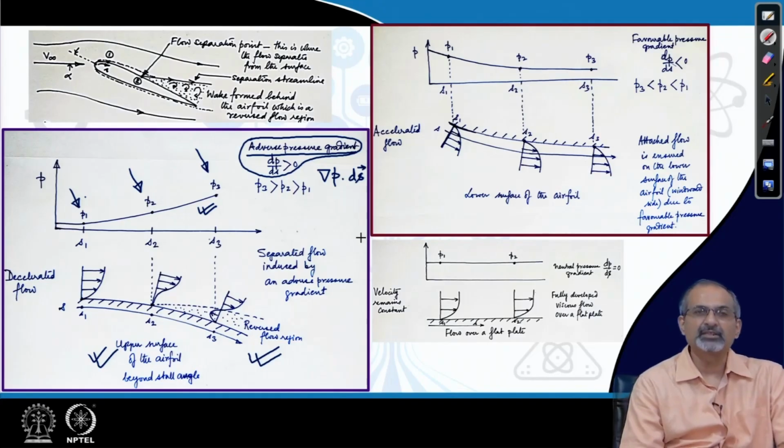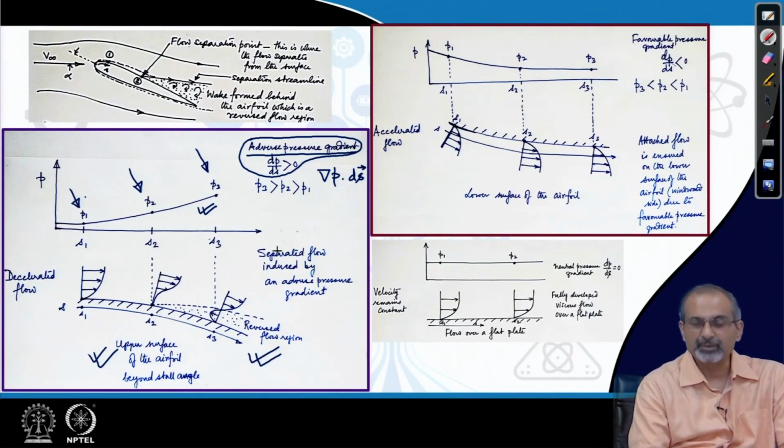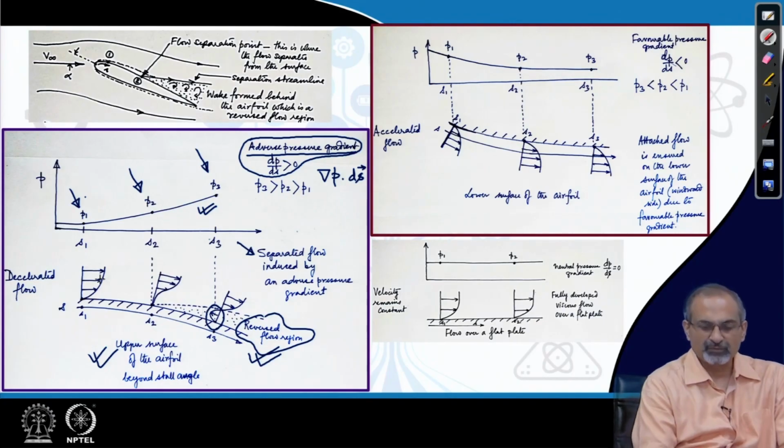That is a situation of adverse pressure gradient. That means a pressure gradient which is adverse for the flow to remain attached, and therefore, it becomes more susceptible to separation, and once it separates, you have a reversed flow region. What do we exactly mean by a reverse flow region? You find locally at this point 3, for example, some part of the velocity is pointing in the opposite direction to the flow direction.